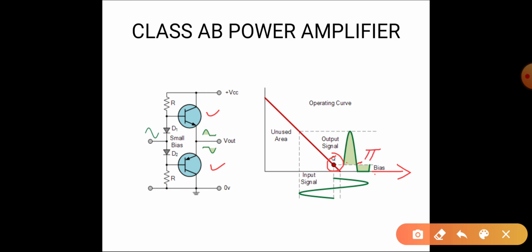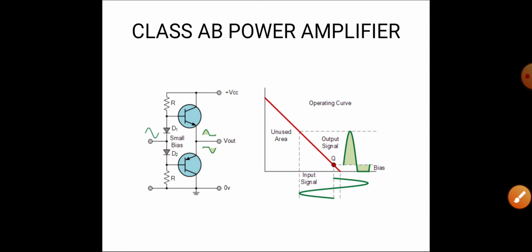So this is 0 and pi. The conduction angle means the output signal flows beyond 180 degrees. Here some current is flowing beyond 180 degrees, but you are not getting the full cycle. That is why the conduction angle of the class AB power amplifier is between 180 degrees and 360 degrees.